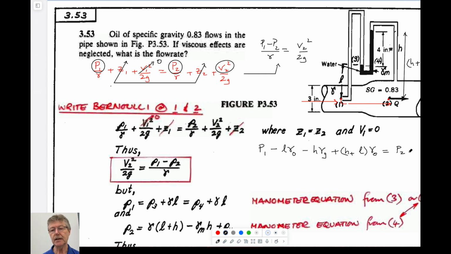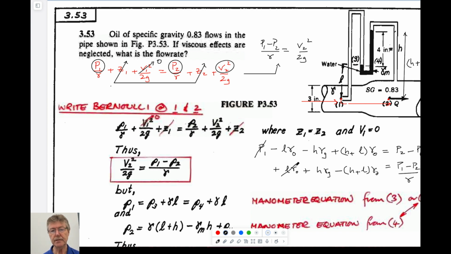So I can subtract P2 and P1 to get rid of this. And then I can make this negative, P1 minus P2, by just having plus L gamma oil plus H gamma gauge minus H plus L gamma oil.